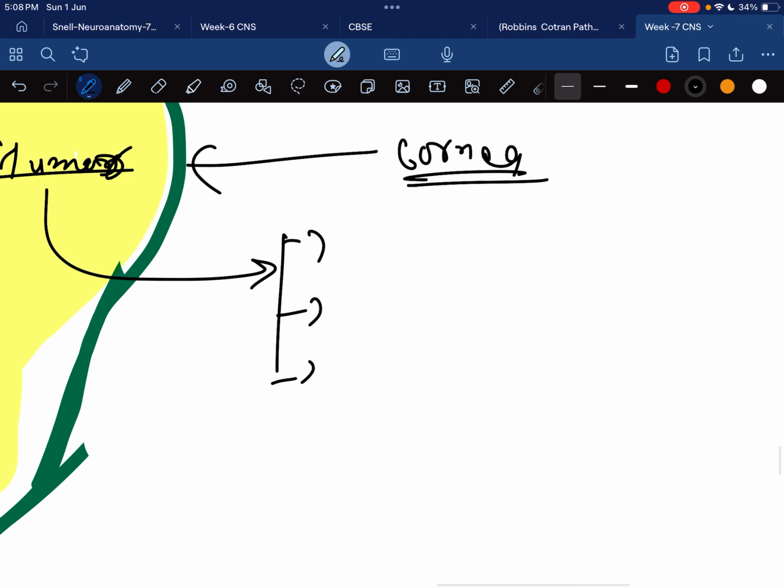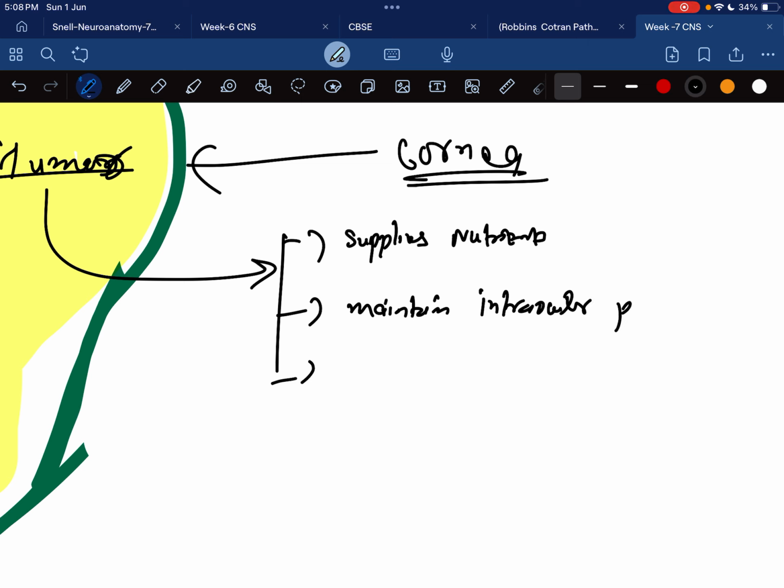For easy understanding, the functions are: supply nutrients, maintain intraocular pressure, and drain metabolic wastes. We will discuss how all these functions are done.